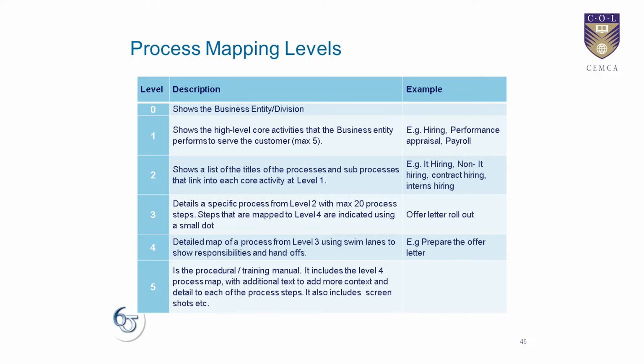For example, the process is about hiring, or let's say it's about the loan application process. So at a business level, it would be written as applying for a loan, a loan application. That's it, and that's at the level 0. You have this process written there. Then you have level 1, which shows you high level core activities.